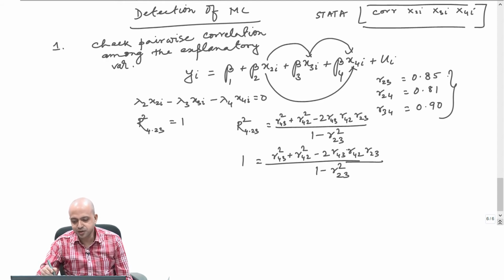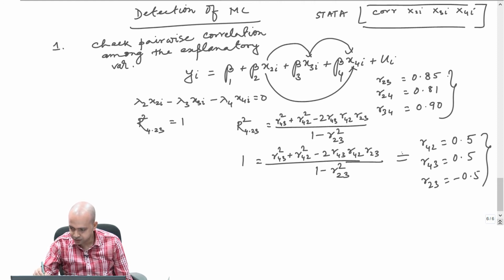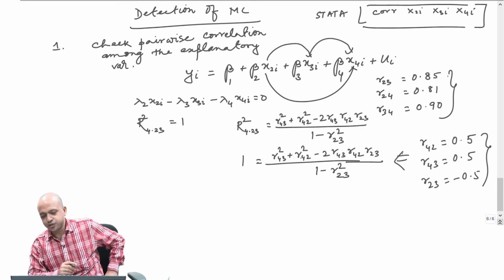Even if you assume r42 is 0.5 and r43 is also 0.5 and r23 is minus 0.5, you will get this condition to be satisfied.